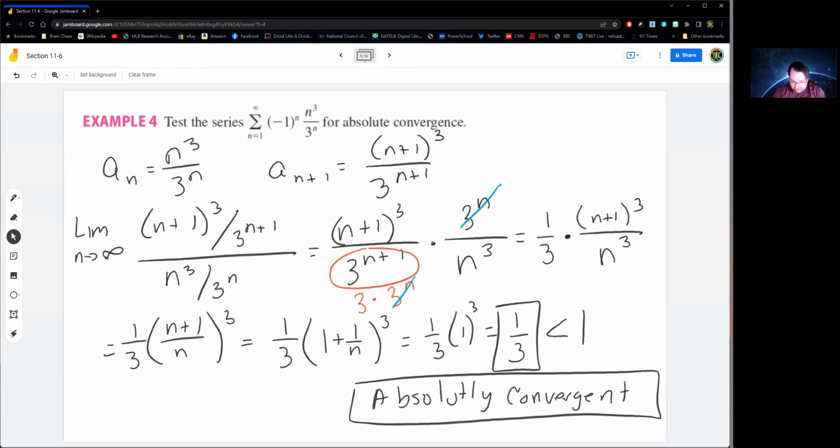All right. That's the ratio test. I'm going to do one more example with the ratio test dealing with factorials, and then we'll do the root test.